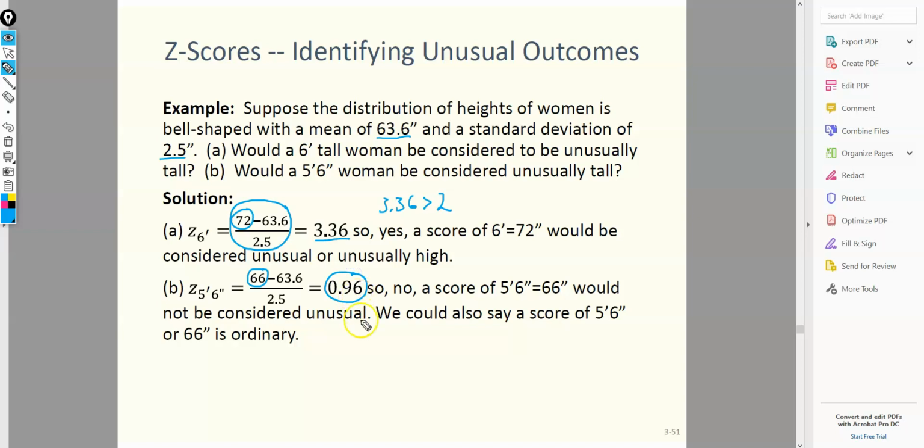Notice that that number is between negative 2 and 2, and so that score would be considered to be ordinary. It is not unusually high or unusually low. So the height of 5 feet 6 inches is just ordinary. And that concludes our discussion about z-scores.